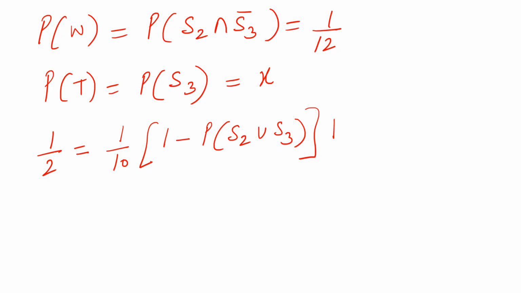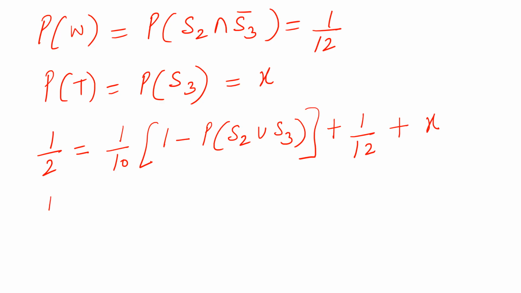And then we have plus probability of S2 intersection S3 bar, which is 1 upon 12, and then we have plus probability of S3, which is just X. Fine. So now this is the equation which we have got.